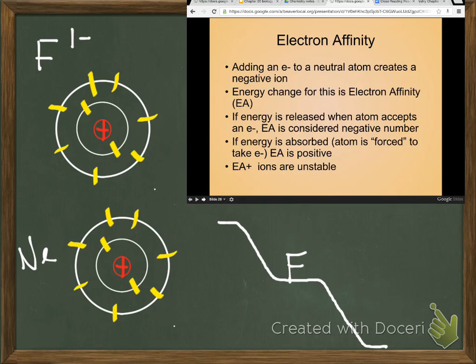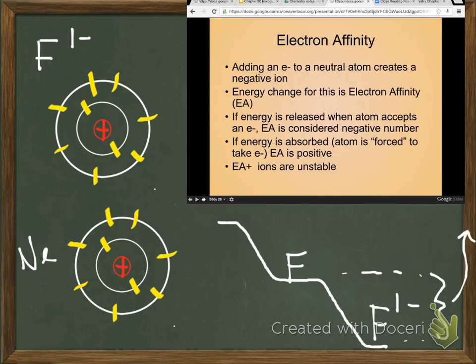When fluorine accepts an electron, overall the fluorine has less potential energy. So fluorine is sitting on that platform. Fluorine 1 minus is lower energy. So this amount of energy goes off into the world.